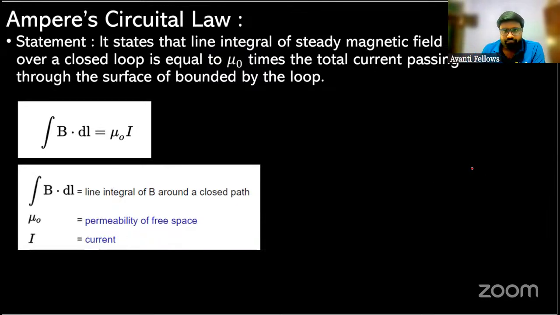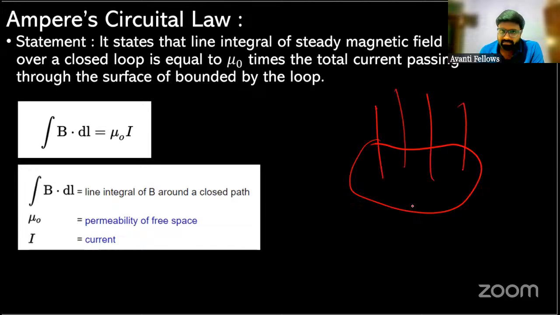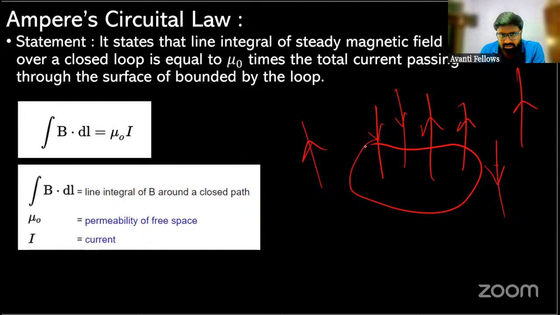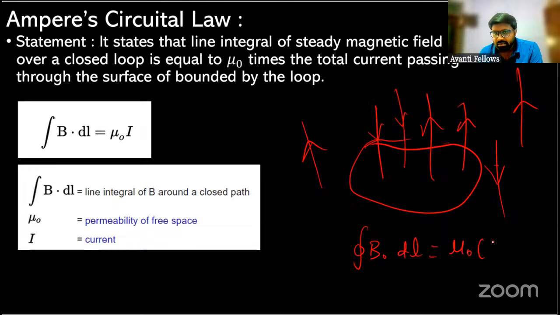Which means, suppose we have a loop here of any arbitrary shape, and there are wires passing through it. Outside there are also wires with random directions of current. So this is the closed loop bounded by these four wires. So Ampere law says that the line integral of B vector dot dl vector is equal to mu naught times the current enclosed by the loop.